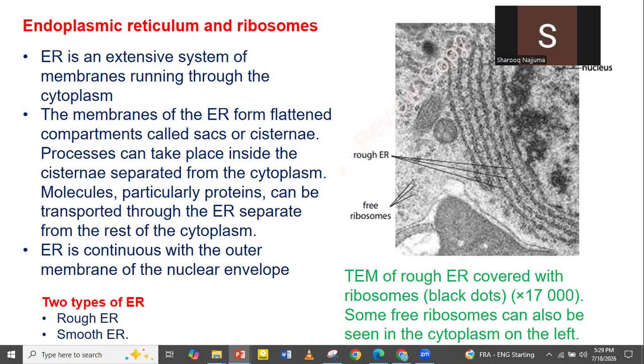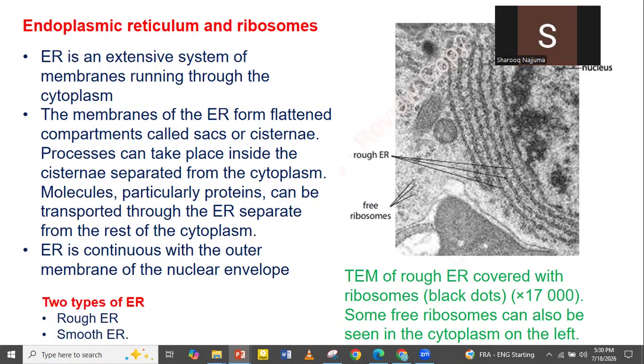Most of the time it's very flat, and you might not know that there is a cavity within it. But when you open it up, you'll find that there is a cavity where you can even put some things of yours that you would want to put there. So even the endoplasmic reticulum is made up of flattened sacs or flattened compartments.